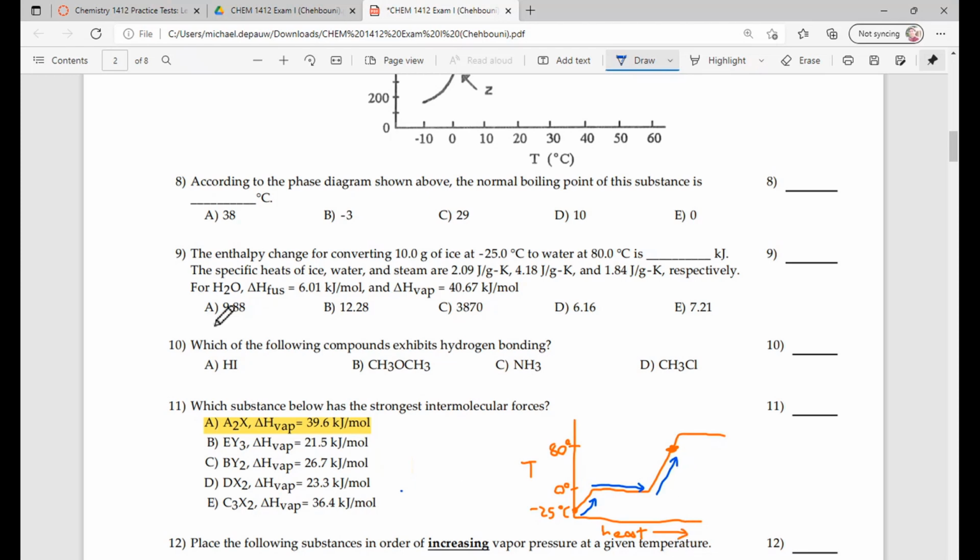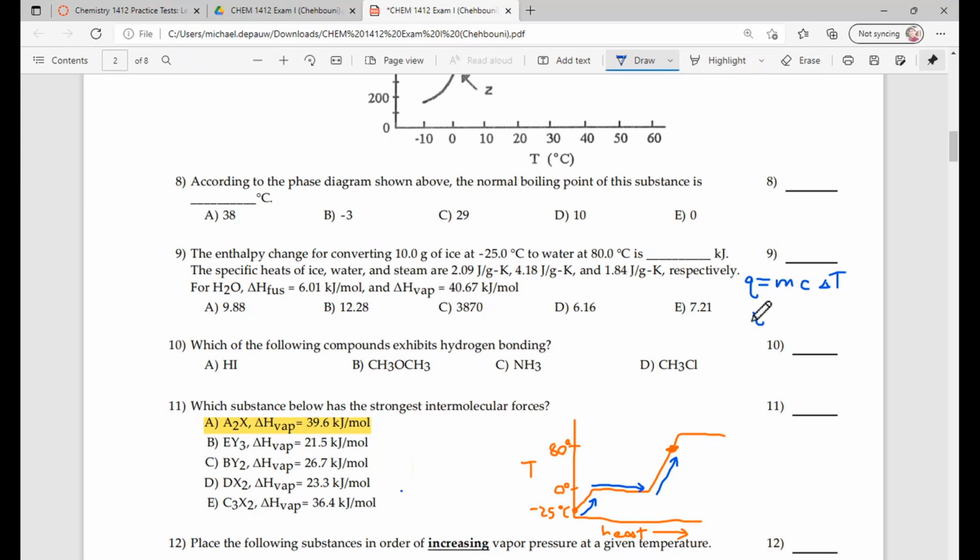So for that first one, there's really two equations that we use for this problem. There's Q, the heat transferred, is equal to the mass times the specific heat times the change in temperature.